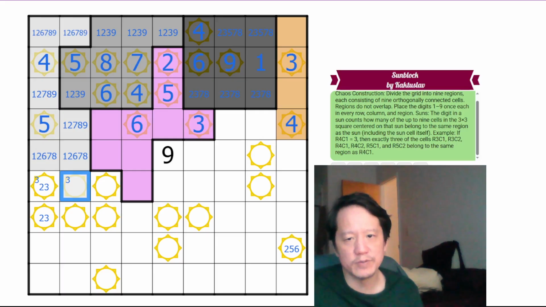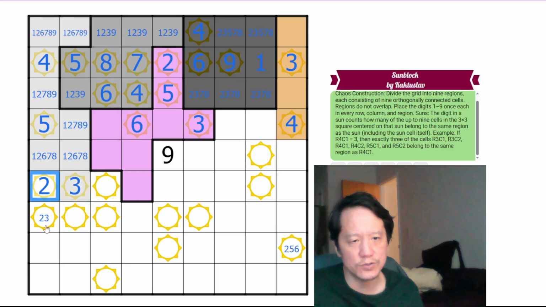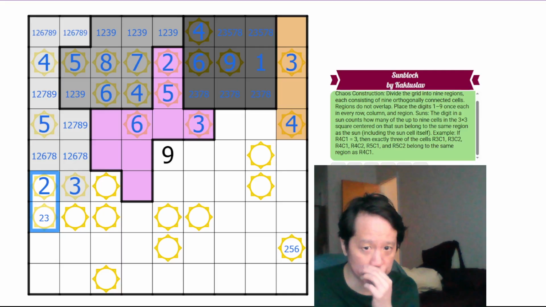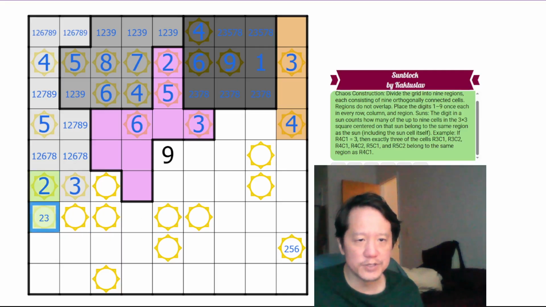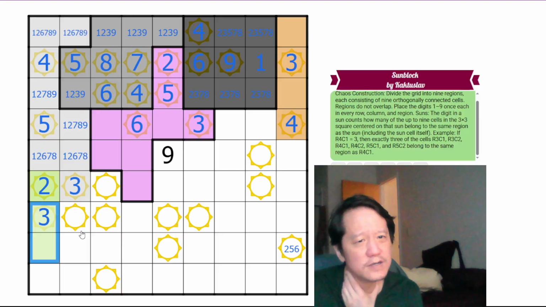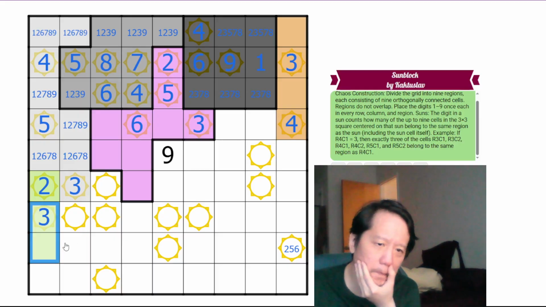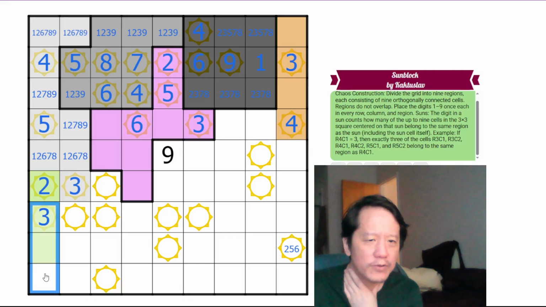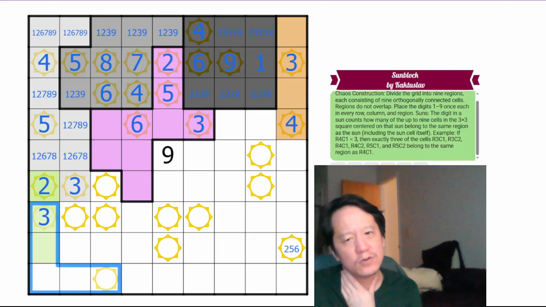Because if this is 3, this is 2. That means this has to go down this way. But then this would be 3, but it can't go this way. It must go down. Oh, I guess that could work? Huh. It would have to go around here, essentially.